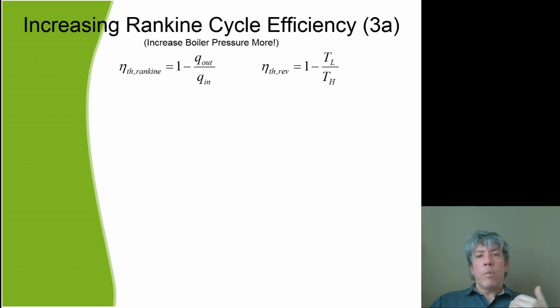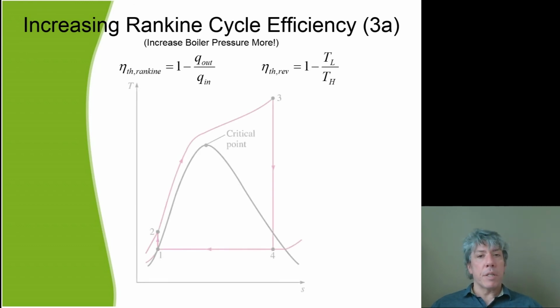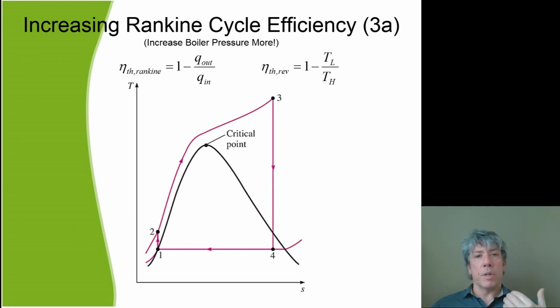Now, if we want to use exotic materials, metals that can take much higher temperatures, we could really increase the boiler pressure more and operate with what's called a supercritical power plant. A supercritical power plant operates above the critical point of the working fluid, and you know that's going to be water, unless you're talking about some research cycle.